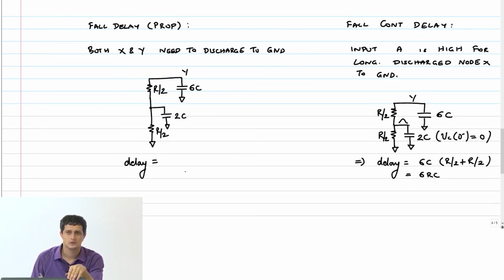What's the answer? 7 RC, right? The Elmore delay model you use, you will get 7 RC as the answer.